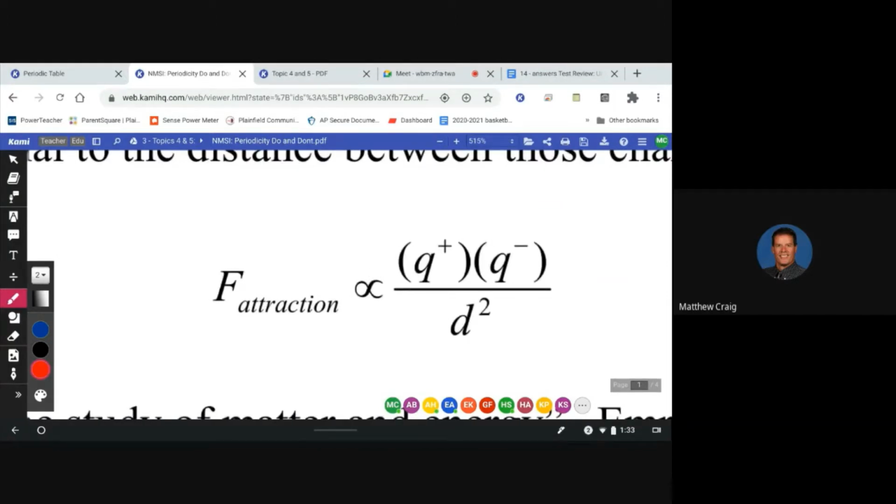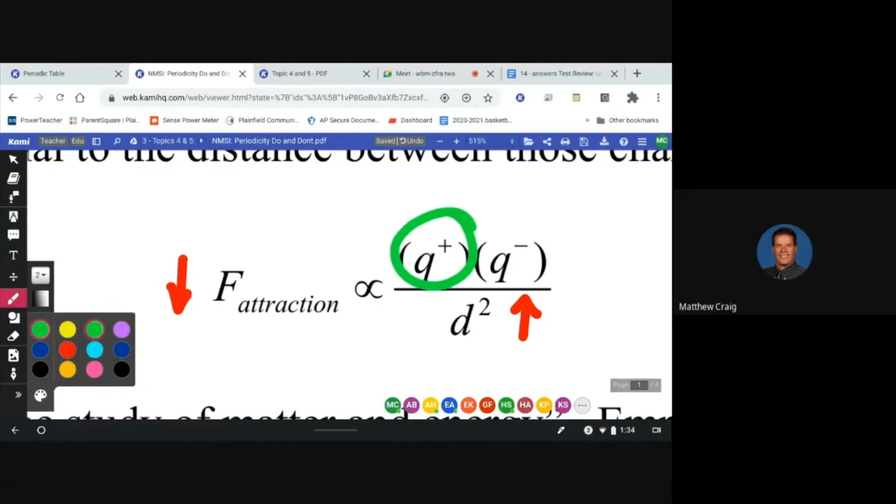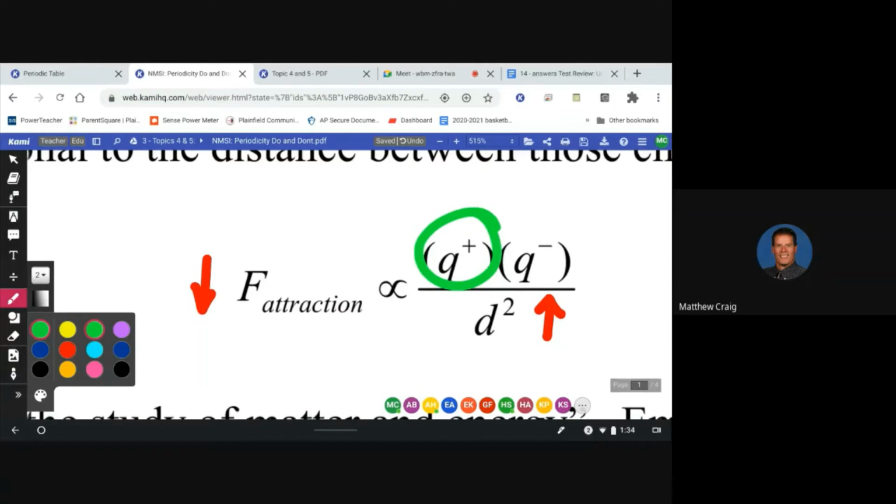So again, just to refresh your memory, as the distance increases, what happens to the force of attraction? It gets weaker or it decreases. If we become more positively charged as an atom or an ion, what happens to the force of attraction? It increases. As a result, the distance decreases. Okay, so those are the things that we've been talking about.